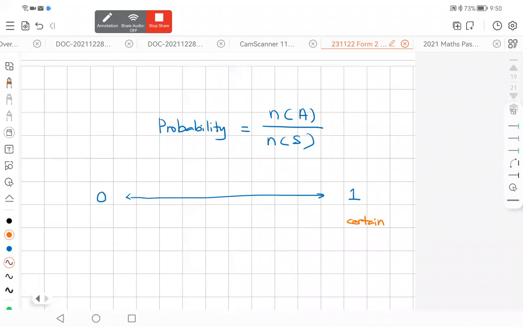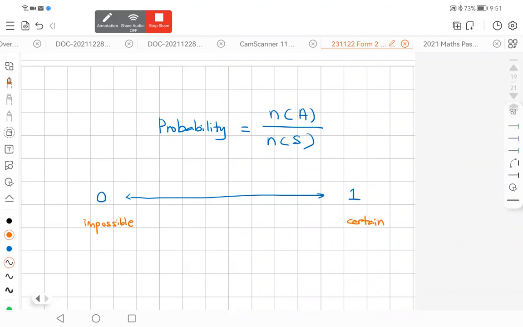So what is the probability that we have the 10th prime minister? It is 1. We must have. If it's 0, it means impossible. Can we have 3 prime ministers? Impossible.